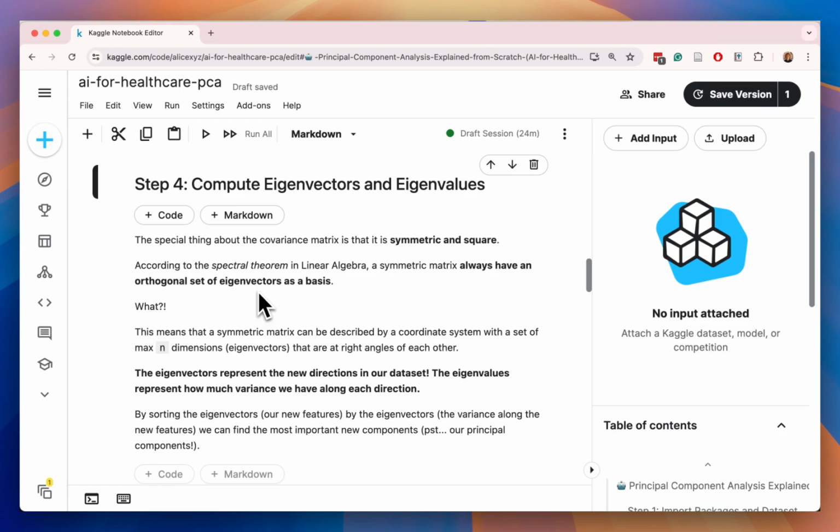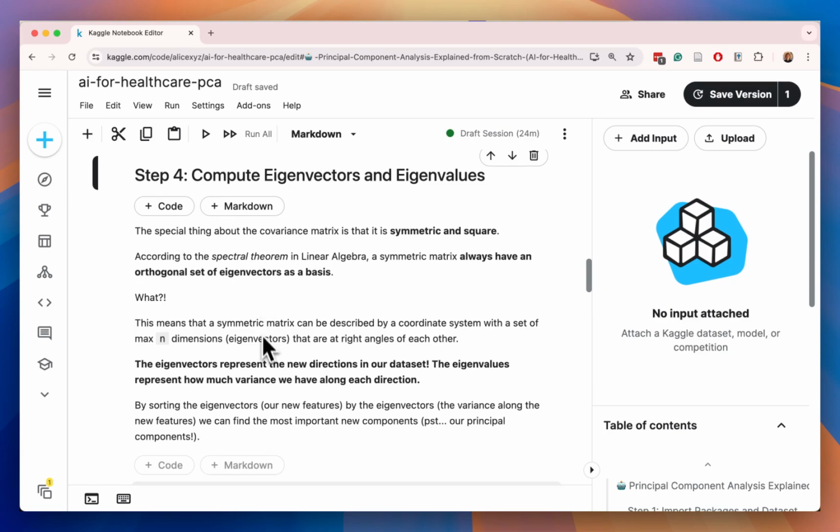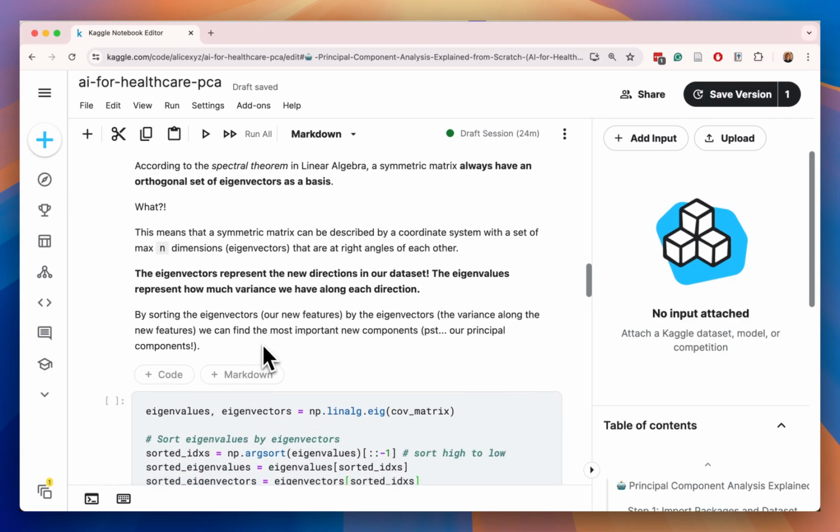According to the spectral theorem in linear algebra, a symmetric matrix always has an orthogonal set of eigenvectors as a basis. And what does this mean? Well, it means that a symmetric matrix, just like our covariance matrix, can be described by a coordinate system with a set of max n dimensions, and we use the eigenvectors, which are at right angles to each other.